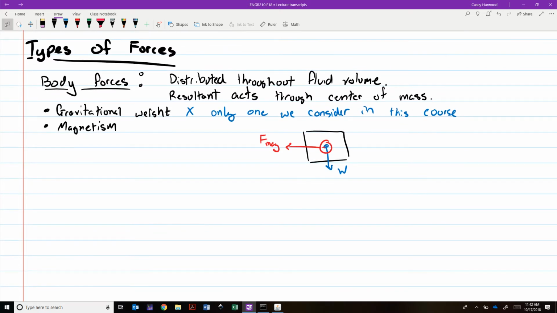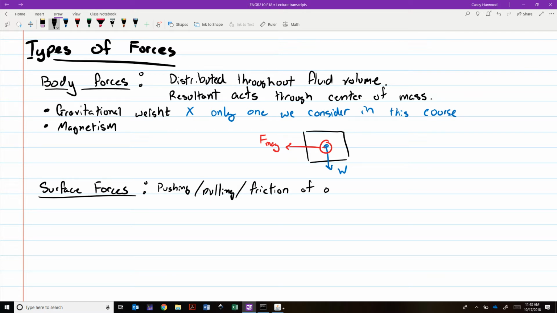The other type of force, those we call surface forces. And these result from, say, the pushing, pulling, or friction of surrounding particles, whether they're fluids or solids, what have you.